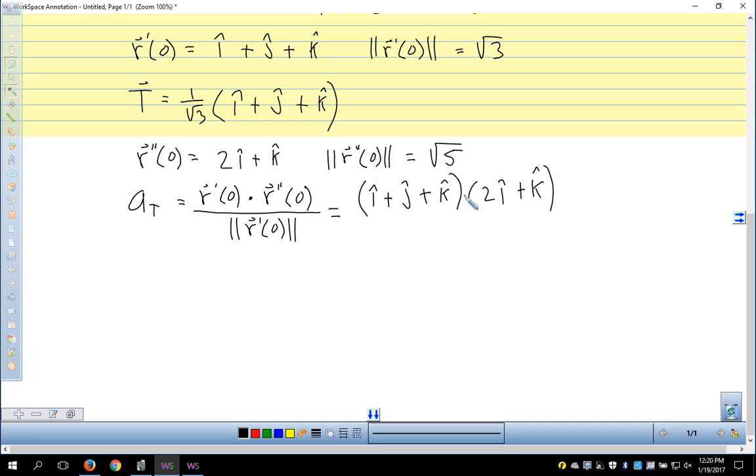There's my dot. Divided by square root of 3. And when we do our dot product, we get a 2 plus 1, so we get a 3 over the square root of 3, which is just the square root of 3. So there's our tangential component of acceleration.